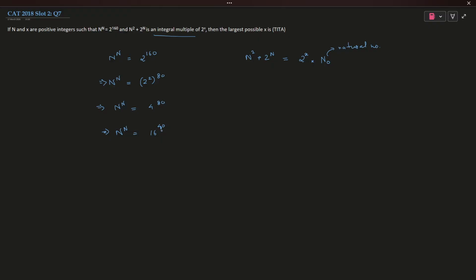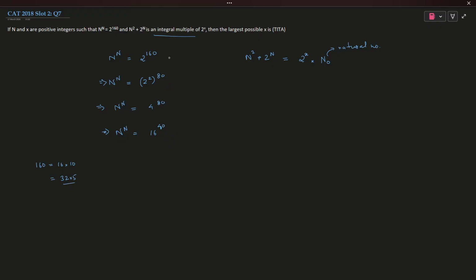Now if I take another 2, it will become 16 square, right? It won't become, right? So it is 160. 160 is basically, it can be written as 16 into 10. 16 into 10. Okay, so if I take 32, it will become 32 into 5.